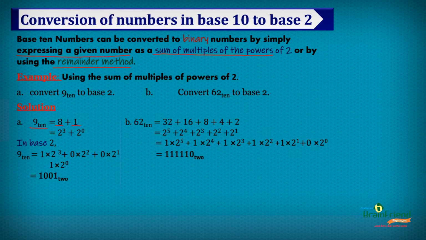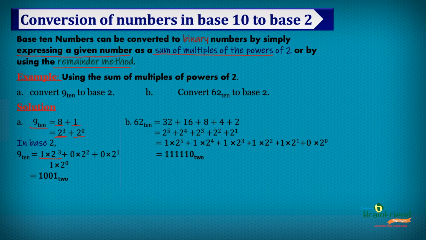Now, 8 as a multiple of power of 2 is 2 raised to power 3. And 2 raised to power 0 represents 1. So, we can go ahead to express this number in base 2. The first number we have, 2 raised to power 3, will be expressed as 1 multiplied by 2 raised to power 3.